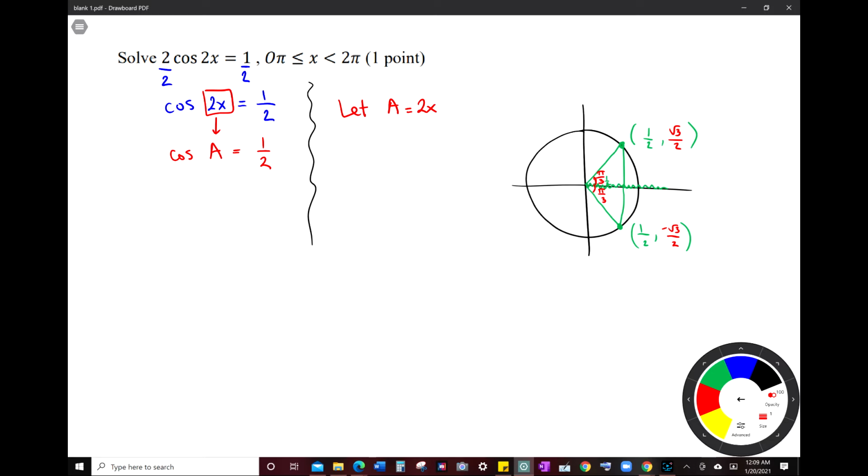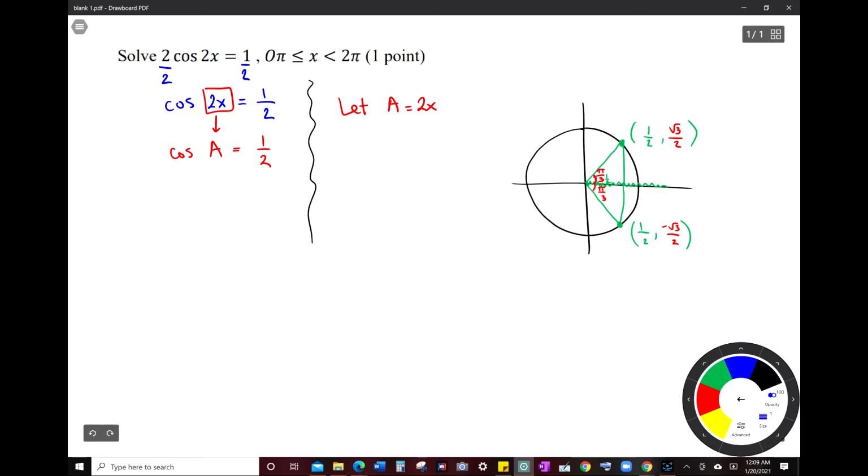So now we need to find the angle in standard position. For the first one, when the reference angle is pi over 3 in the first quadrant, that means your angle is also pi over 3 in standard position. So A equals, or if you use a calculator, you can do the same thing: cosine inverse, and then you have two answers.